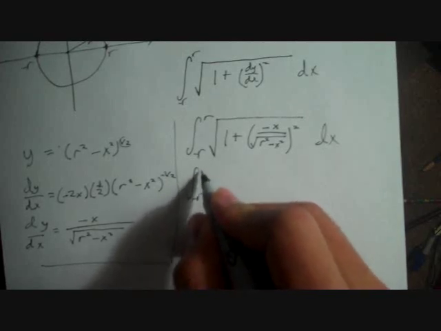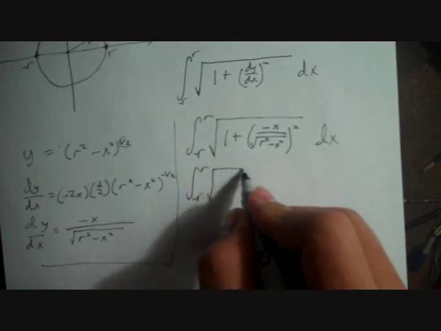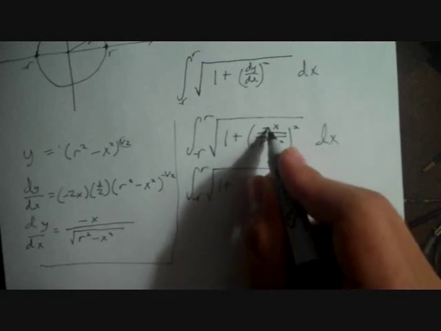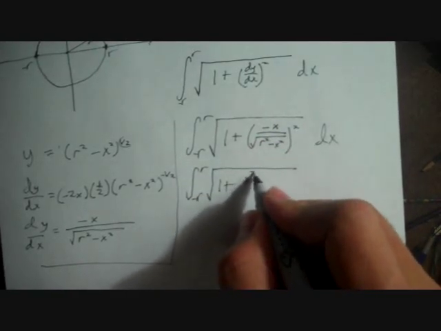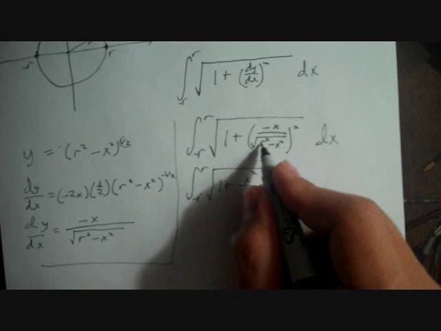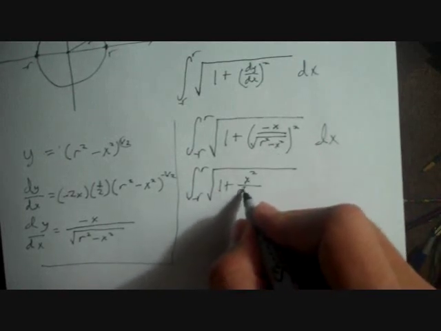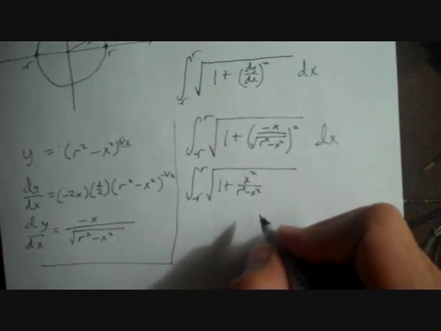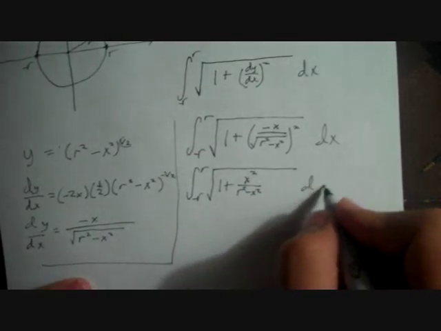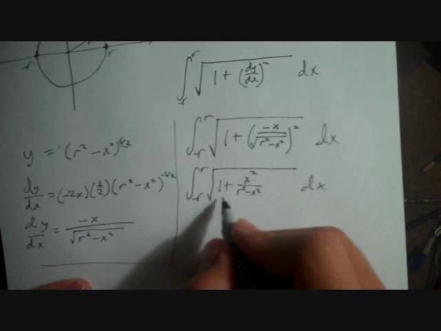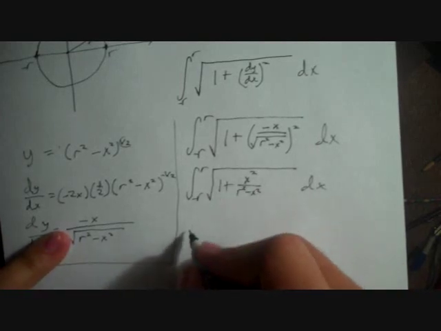The integral from negative r to r of the square root of 1 plus negative x squared, that's x squared, over the square root of r squared minus x squared squared, well, that's just r squared minus x squared, right? dx. And now, let's give these common denominators.